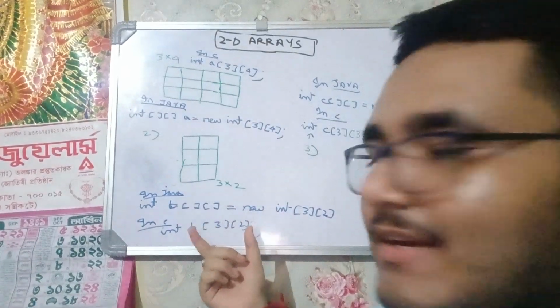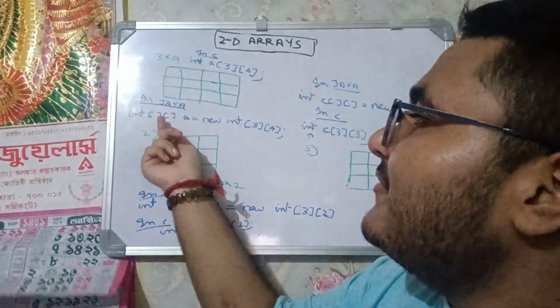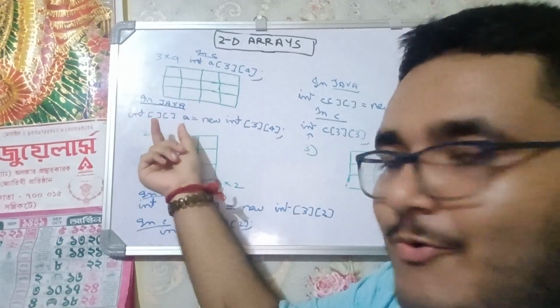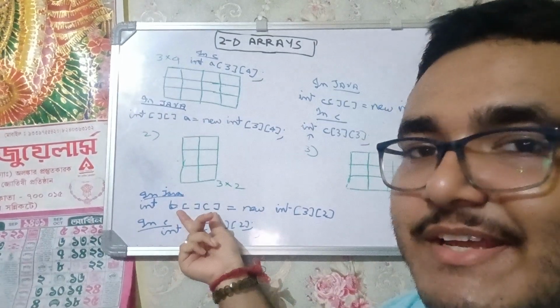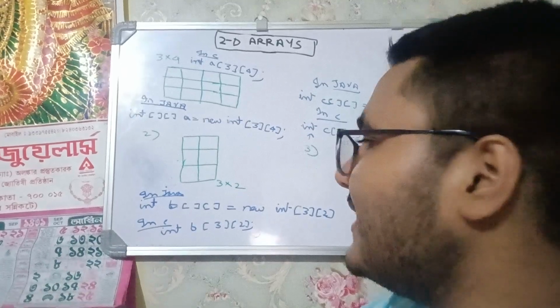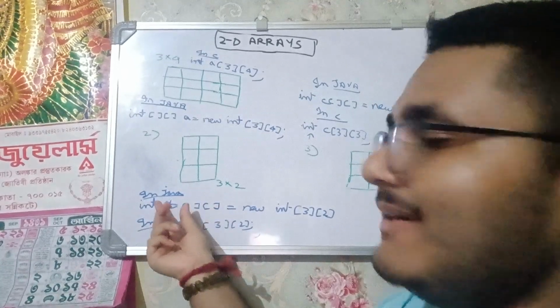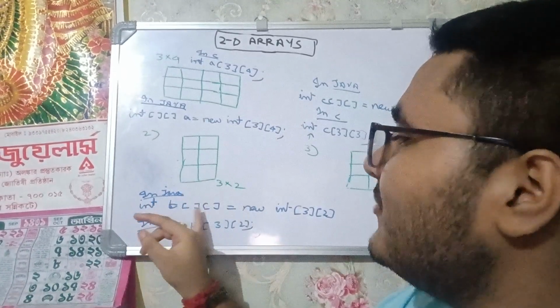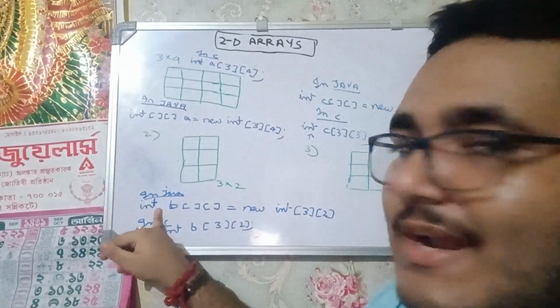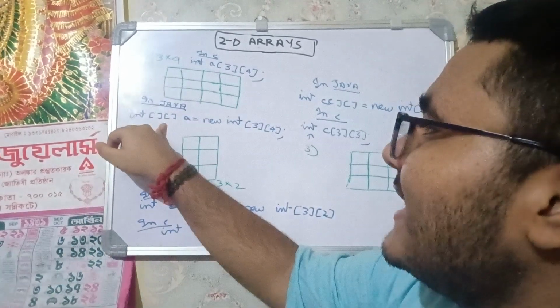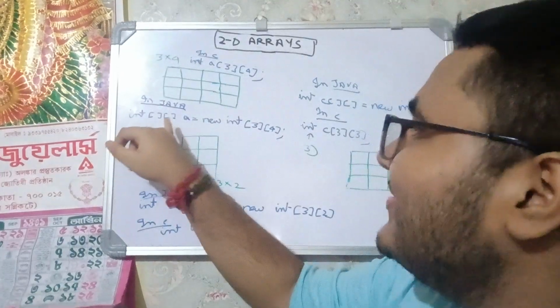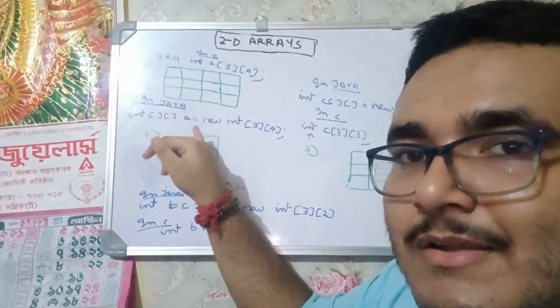Now you may be getting confused that here I have taken the square brackets before the variable, while here I am taking them after the variable. It doesn't matter. You can take the square brackets before the variable, but then they should be nearest to the data type without any blank spaces, just like I have done here. Then space, then the variable name.